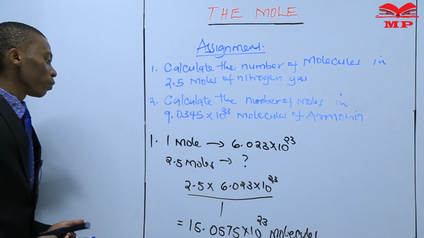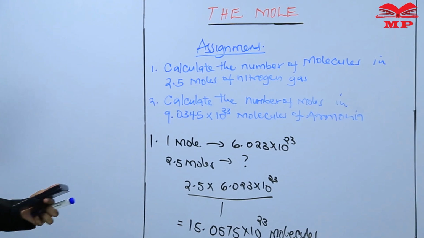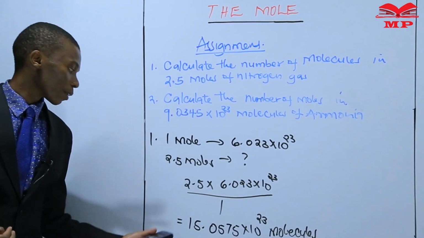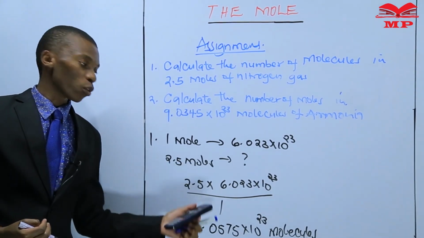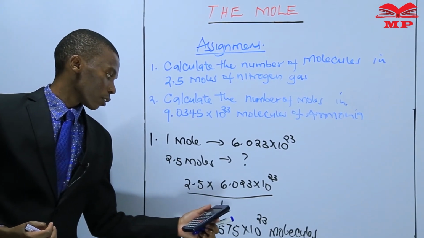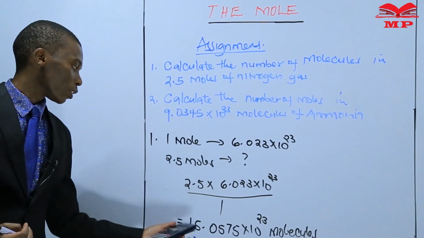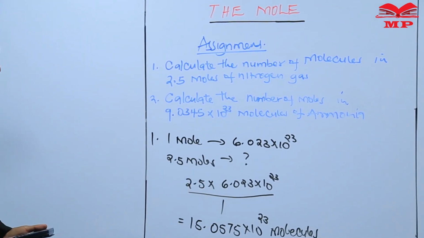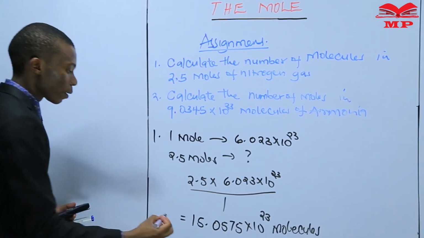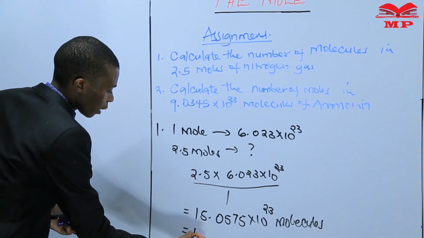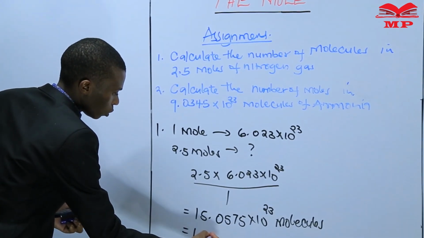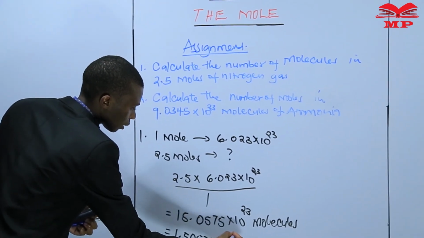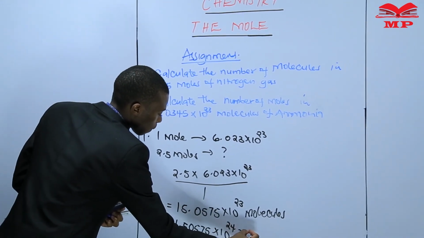You multiply 2.5 times 6.023 times 10 raised to power 23, you get 15.0575 times 10 raised to power 23, which can also be 1.50575 times 10 raised to power 24 molecules.